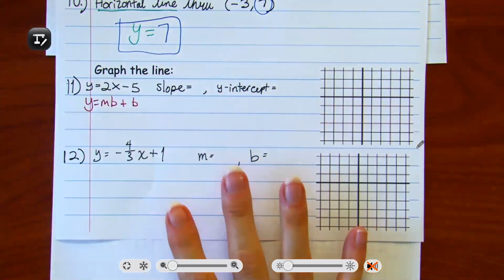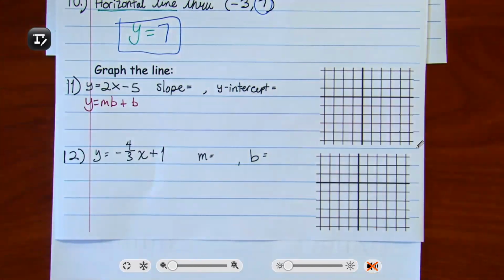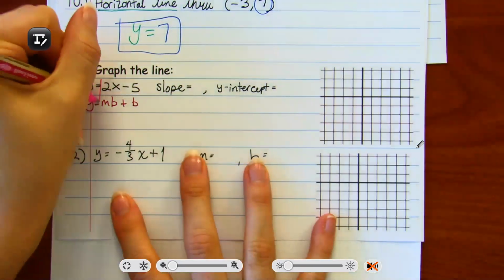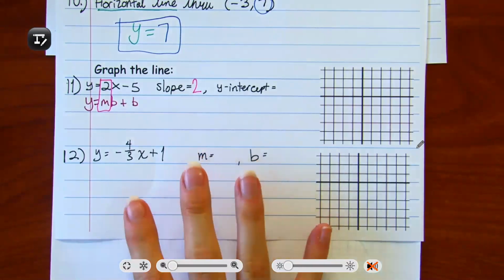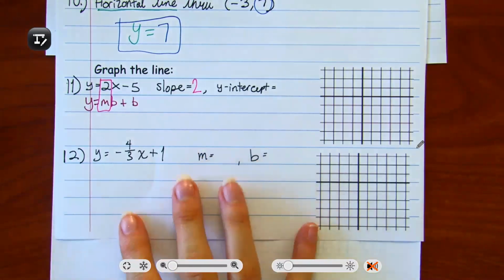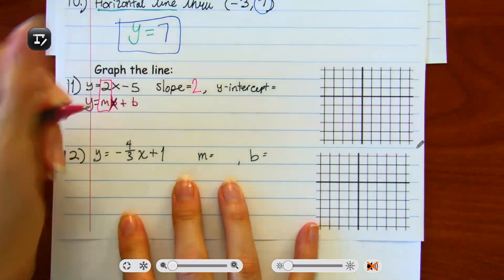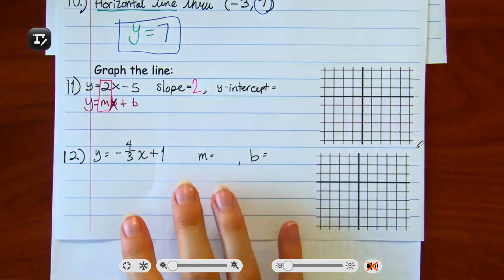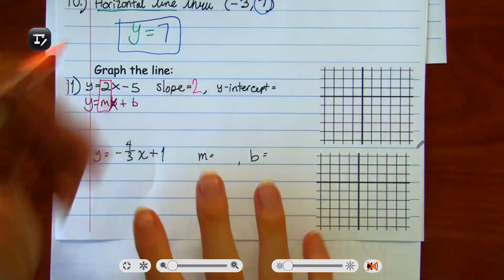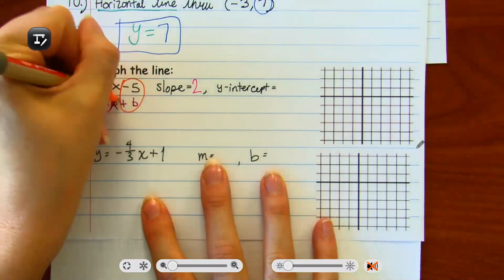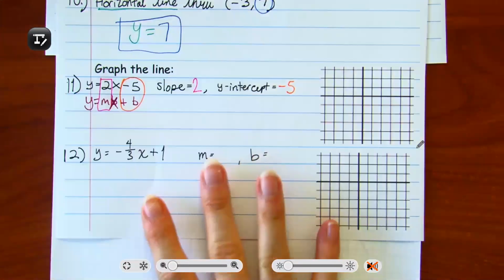So if we do that, we can see that the slope, m, is 2. All right, so whatever the coefficient of x, that's your slope. And then the y-intercept is -5 in this case.